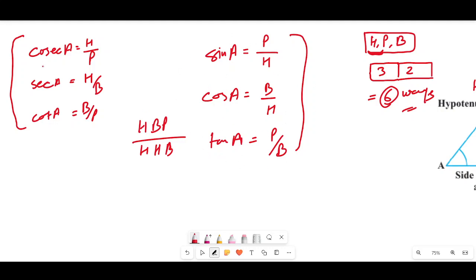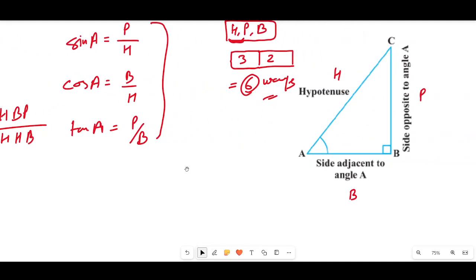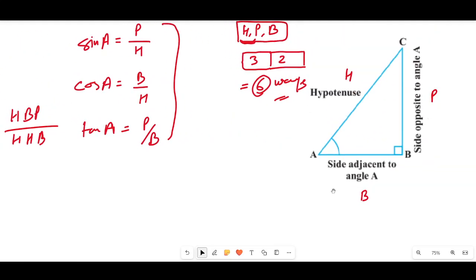Sine, cos, tan, cosec, sec, cot are the trigonometric ratios. So there are 6 trigonometric ratios, and these ratios come from this triangle. In the same manner we can find the trigonometric ratios on the basis of angle C. Here, for angle C, there will be a perpendicular, a base and the hypotenuse.